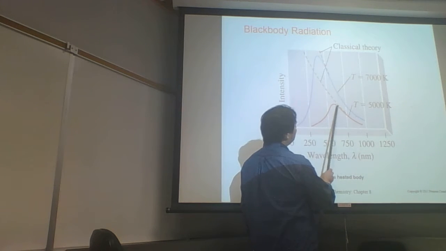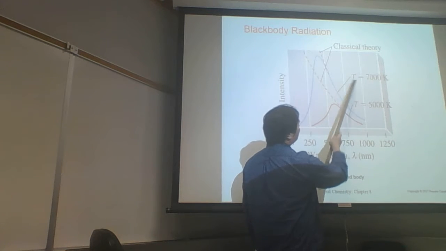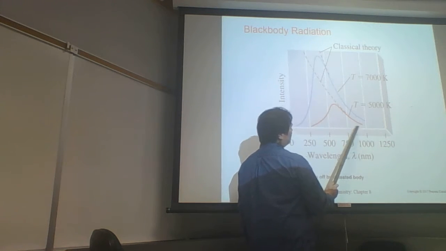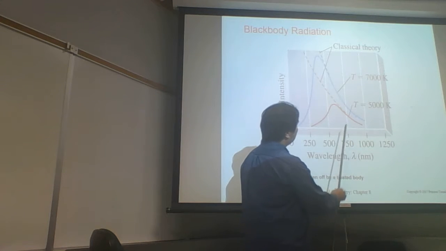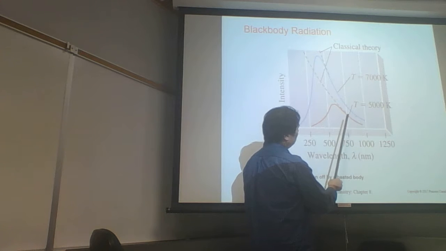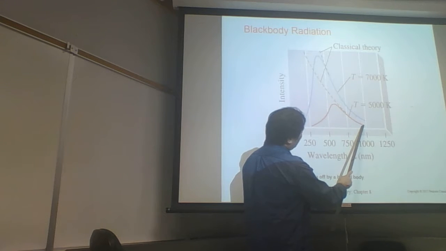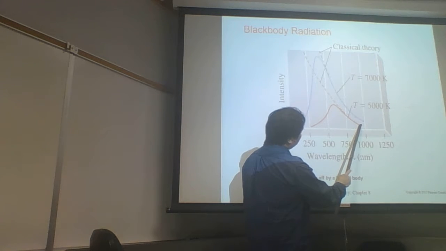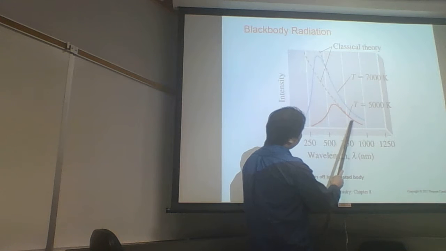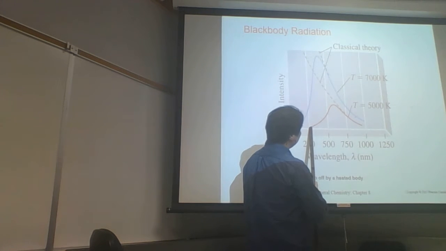And this is the temperature, let's say of the molten iron, 5,000 Kelvin, 7,000 Kelvin, or something, the black body. If we heat this to 5,000 Kelvin and we start emitting light, you see mostly visible light here, some infrared, maybe a tiny bit of UV here.